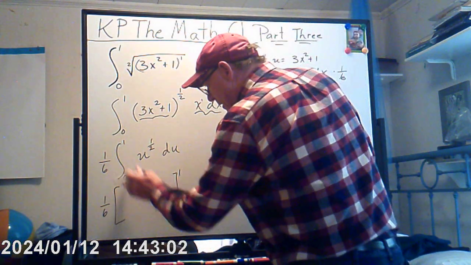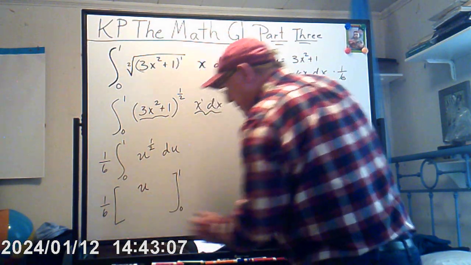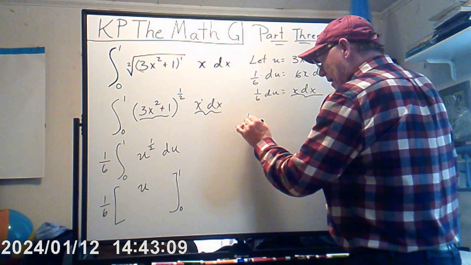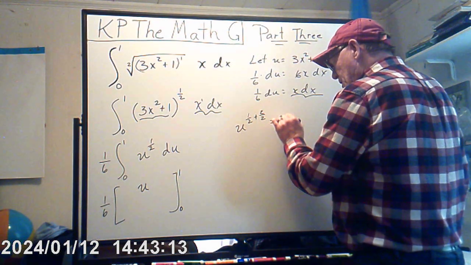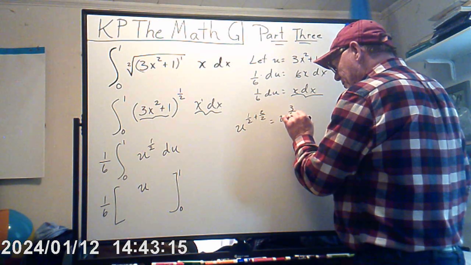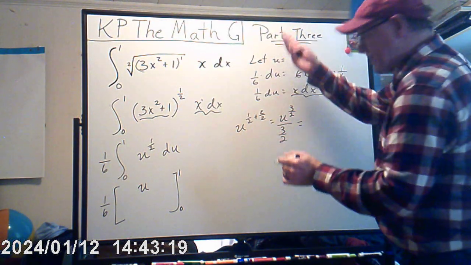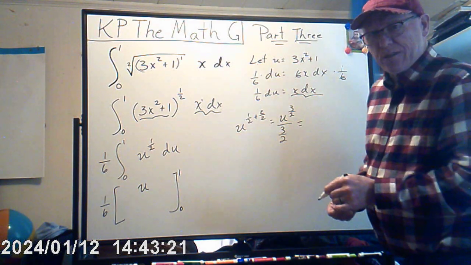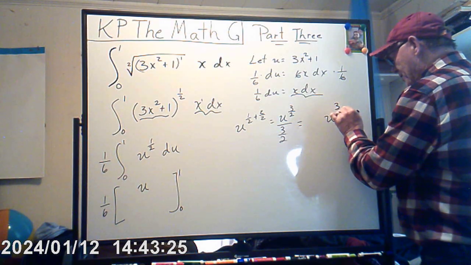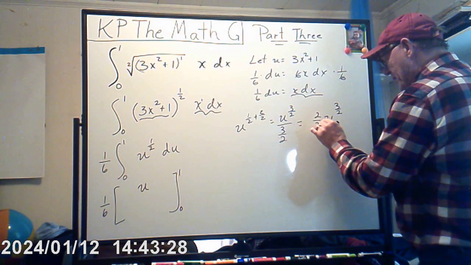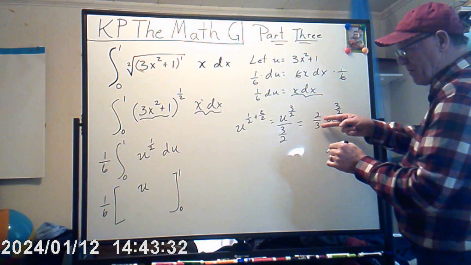And when I integrate, I don't use this anymore. So this is u. Now remember, u to the 1/2 plus 1, which is 2/2, is u to the 3/2 over 3/2, which, by the way, I just flipped this up. Whatever you raise this to, just flip it over.